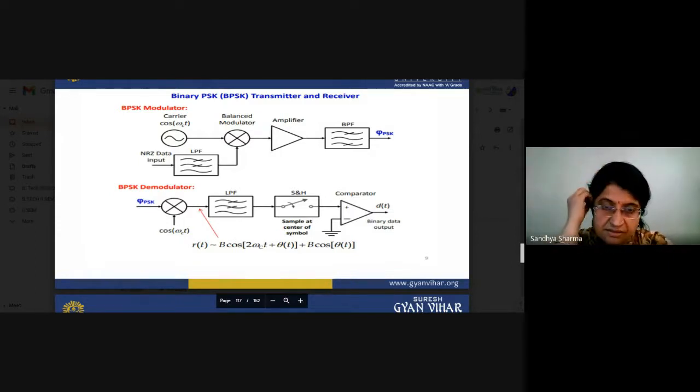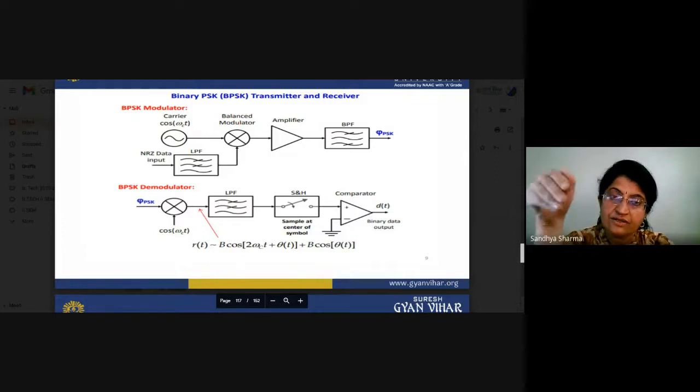Here we are using coherent detection. You again multiply the carrier signal with the modulated signal, and then you can extract your original signal. After that, we compare it with the threshold value, and decide whether the data is 1 or 0.